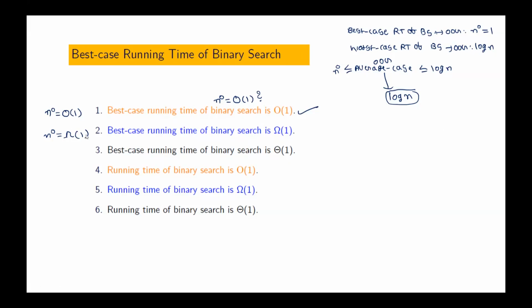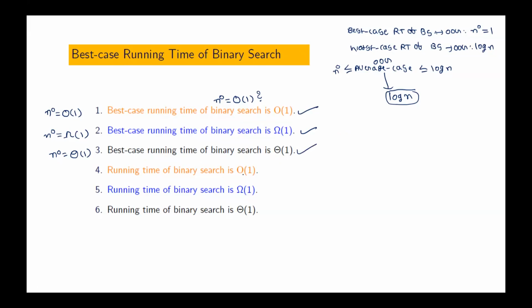N power 0 is big omega of 1. What about the third one? N power 0 is theta of 1. Is this correct or not? This is also correct, since both have the same order of growth.